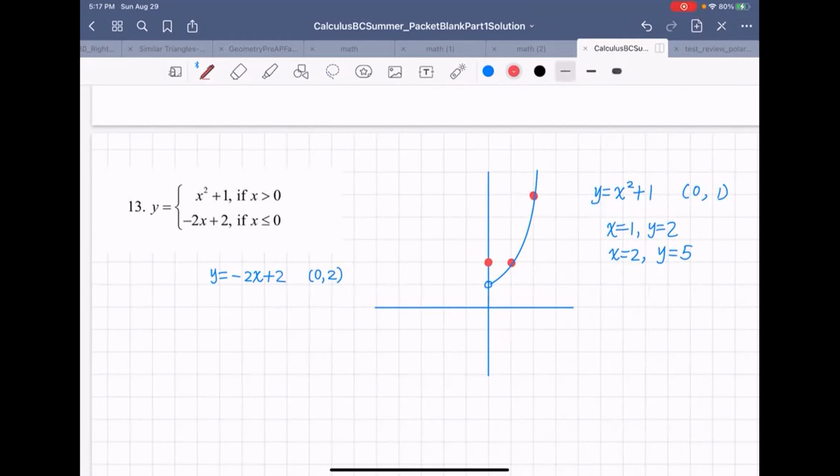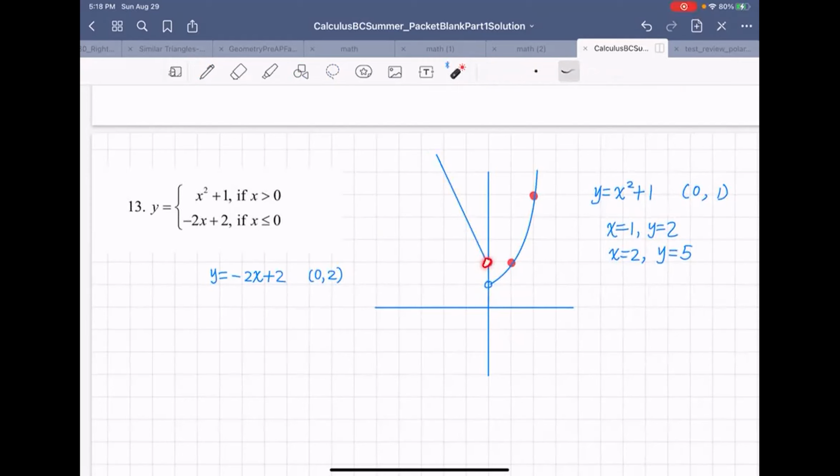The slope would be -2. So this guy is there. Let me draw straight lines. Does this make sense? Yes. Okay, that's how we draw this.